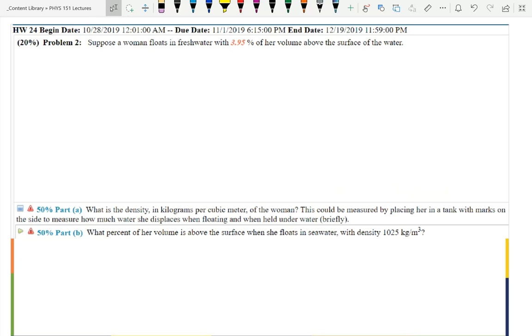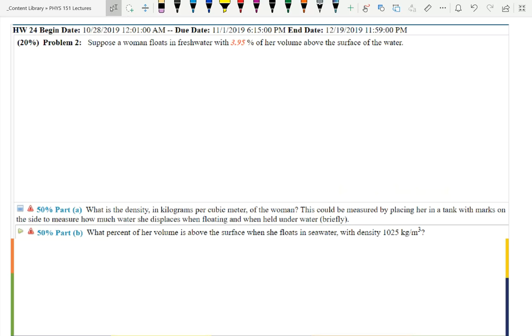Suppose a woman, now to keep my subscript straight, I decided to use a person instead of a woman, not trying to take away her womanliness, but trying to distinguish between water and woman. I'm using P for person instead of W for woman. So suppose a woman floats in fresh water with 3.95% of her volume above the surface of the water. What is the density in kilograms per cubic meter of the woman?